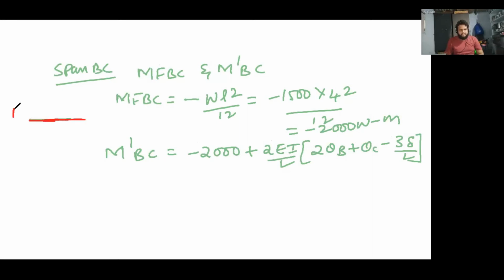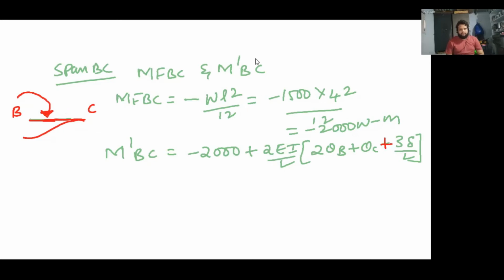In the BC span, this is B and this is C. Now, if you observe here, the deflection will be like this. So in order to create this deflection, we have to apply clockwise moment. Now, instead of this minus 3 delta by L, our formula will change as plus 3 delta by L. We have to understand this, in the BC span.